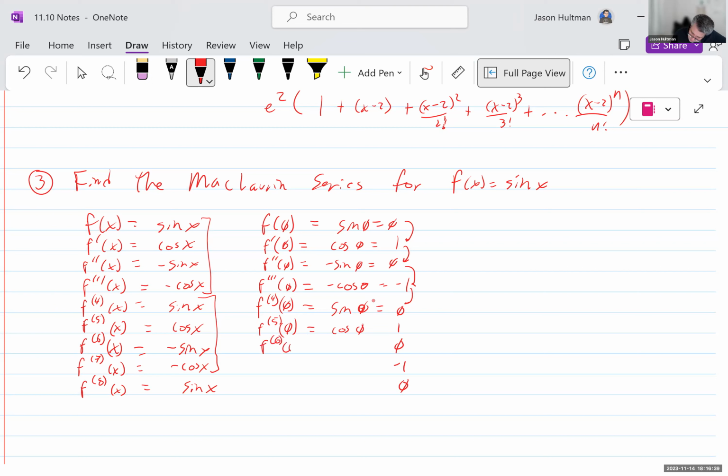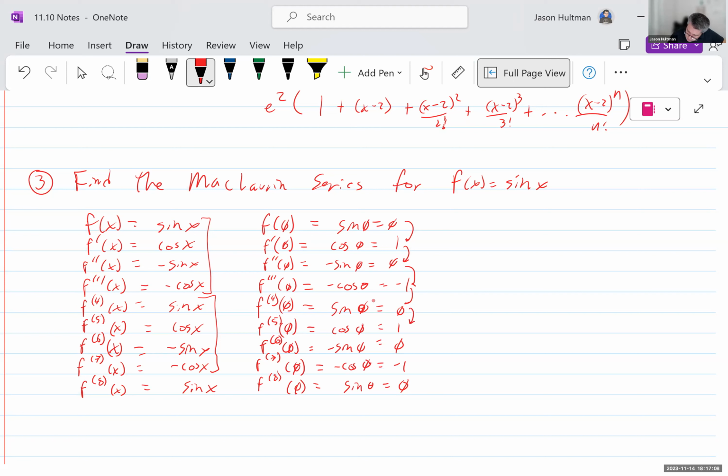F to the 6th of 0 is equal to negative sine 0. And the 7th derivative evaluated at 0 is equal to the negative cosine of 0. Okay, and then the 8th derivative evaluated at 0 is equal to the sine of 0 again, which is 0.